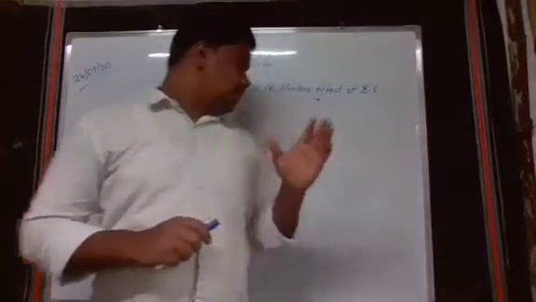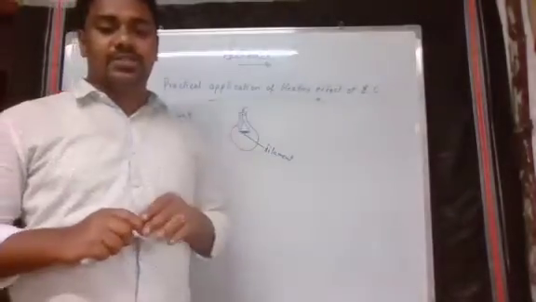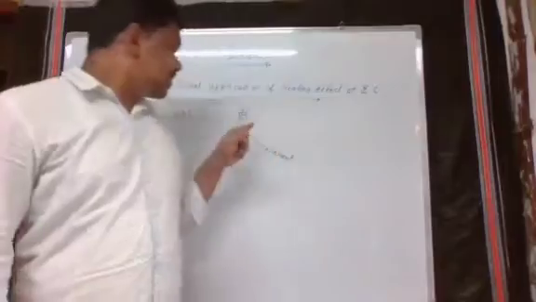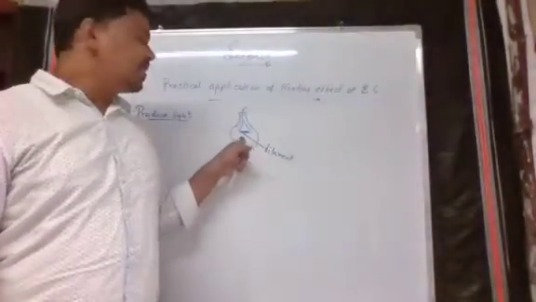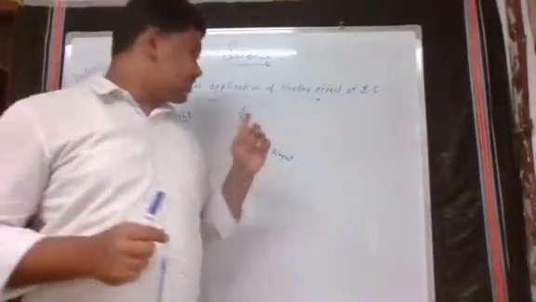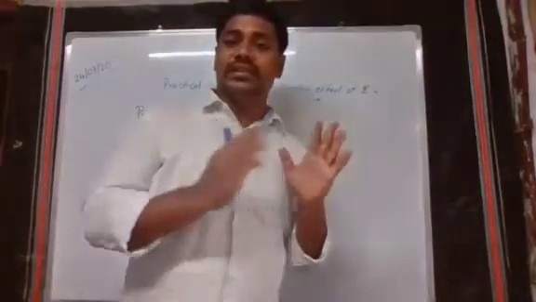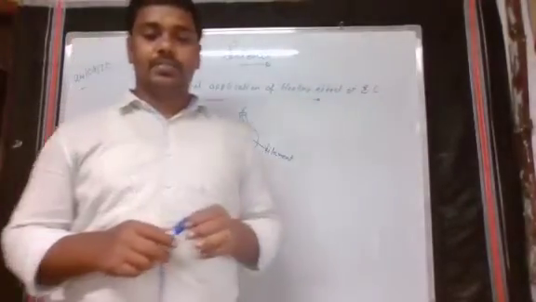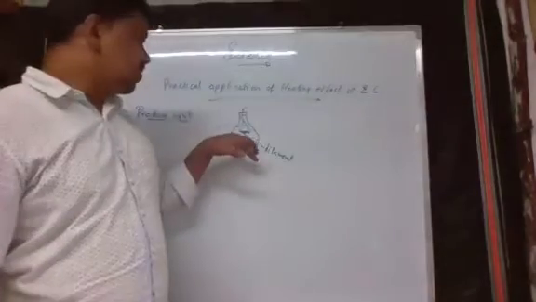Due to this burning, the light is produced. And the filament won't melt at high temperature. It is of high resistance and a high temperature is there in the filament, but it won't melt at high temperature. Now we are going to study about this filament.